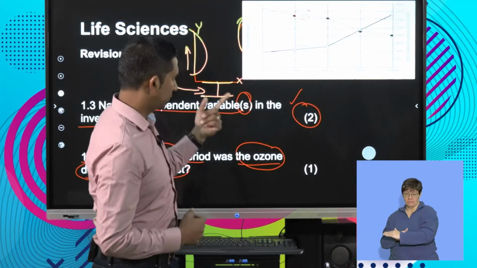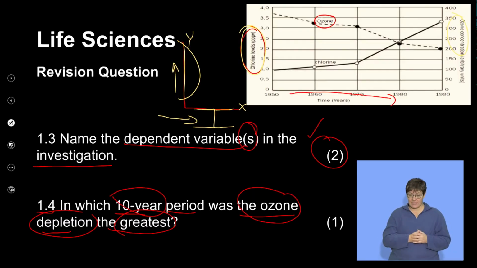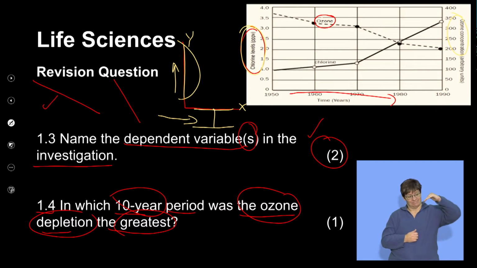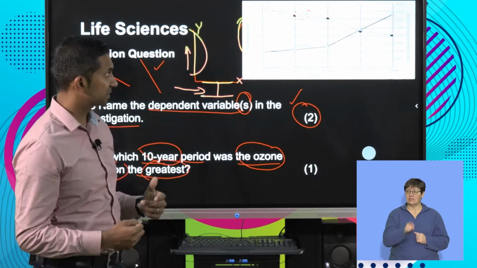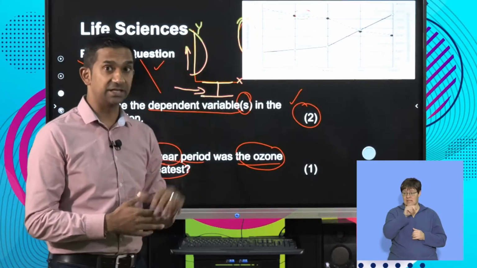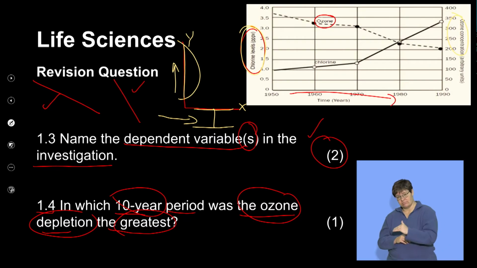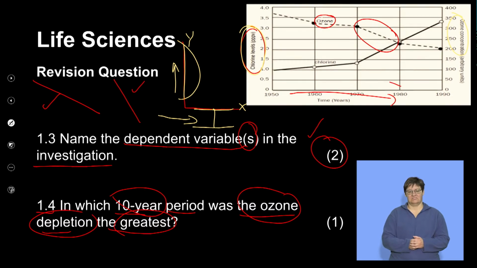If we compare these two lines, this is a more subtle or slower decrease, whereas this is a more drastic decrease. So we see a quick decrease, and that's what's going to help us. Yes, we do see a general decrease, but there is a significant decrease in this slope, meaning it's much steeper, and that's between 1970 and 1980.